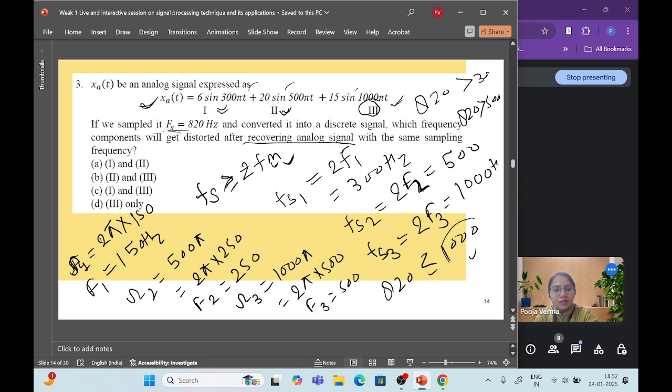So option D: only the third frequency component will not be recovered after analog recovery. Not second and third. Only the third frequency component will get distorted.